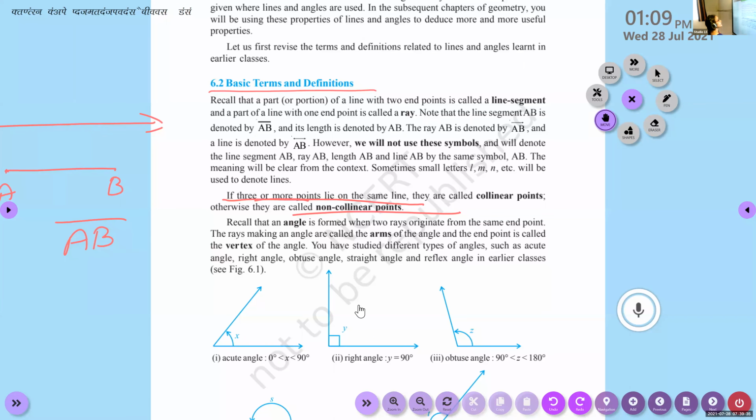Okay, first we will write: a part of a line with two endpoints is called a line segment.